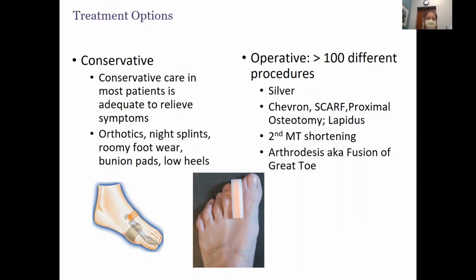You can use orthotics, night splints, roomy shoe wear, bunion pads. There's all sorts of things that you can do, but once that toe goes towards the second toe, the only way to get it back is with surgery in terms of straightening it. The most common reasons that we perform surgery are not for cosmetic reasons, but to help reduce pain and also to restore function, especially if you're having problems with balance.